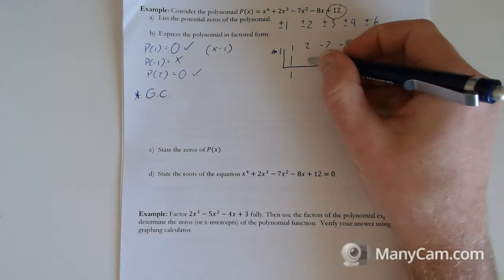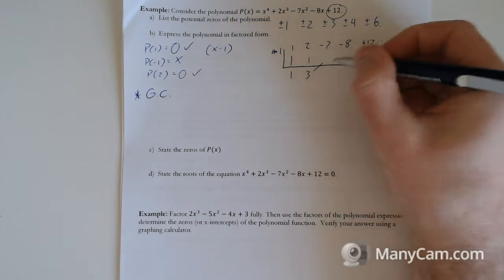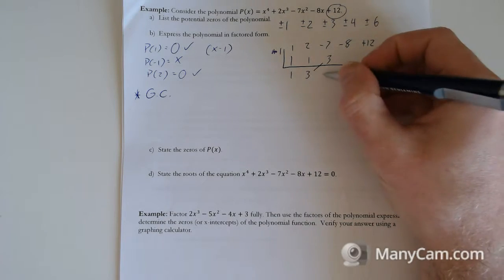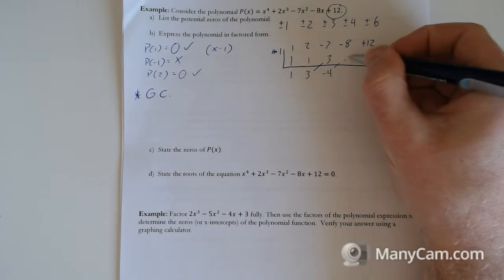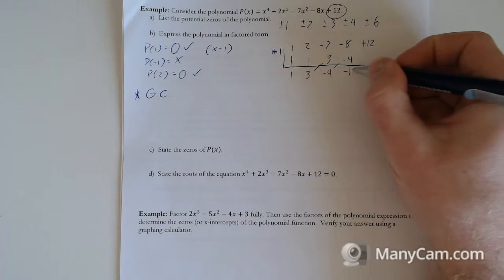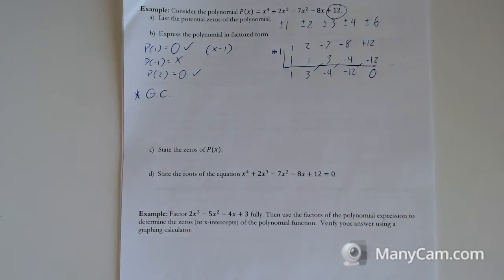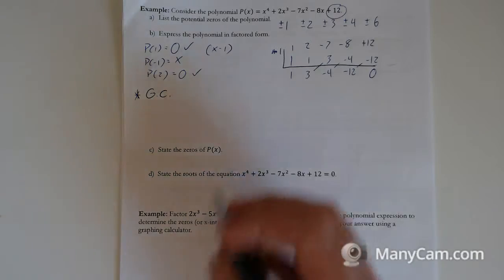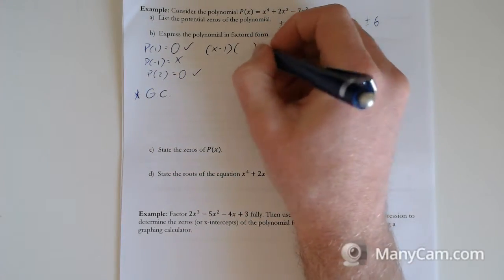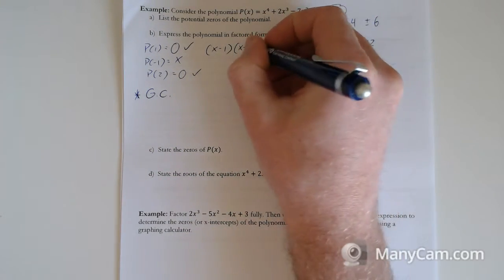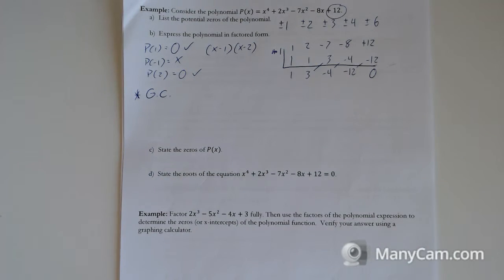Okay, so that's 1. Makes 1. Makes 3. Makes 3. Makes negative 4. Makes negative 4. Makes negative 12. Makes negative 12. Makes 0. Which is good. So we've got it factored the first time. And now we actually want to do this again. So we're going to be pulling out x minus 2 as a factor as well.